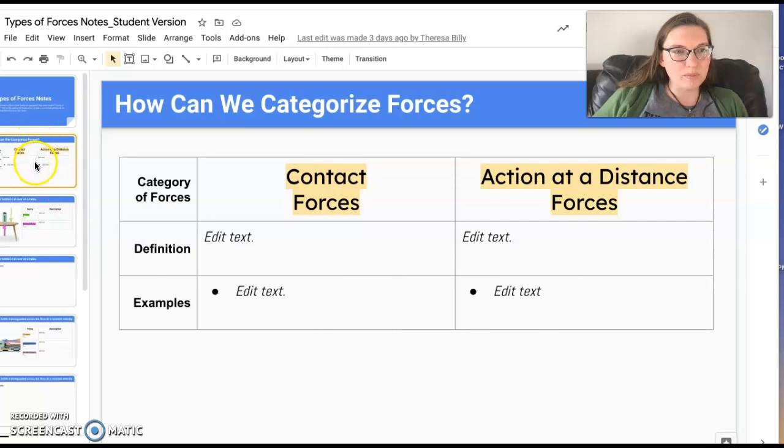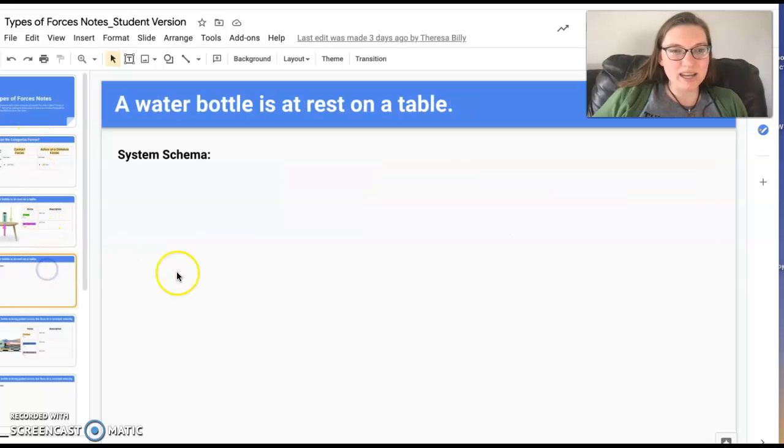I am going to grade on this because there's a lot of stuff that you're going to put in here. But we'll go through what you would need to put in there. We're going to look at what's called a system schema, which is looking at all of the different forces that are happening to an object and how that's going to impact how it's going to move. Okay? So that's this week.